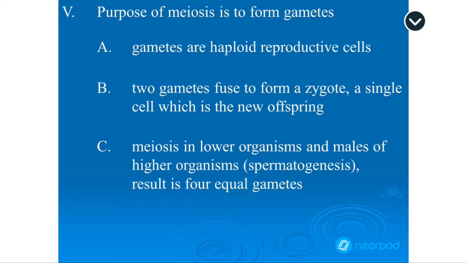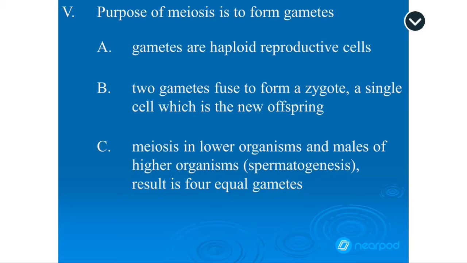And the gametes are haploid reproductive cells. So in other words, a single set of chromosomes, that would make the zygote have two sets of chromosomes, which is called diploid. So meiosis in lower organisms, that is those without gender like yeast and certain types of pond scum, and males of higher organisms like plants and animals, produce 4 equal gametes.